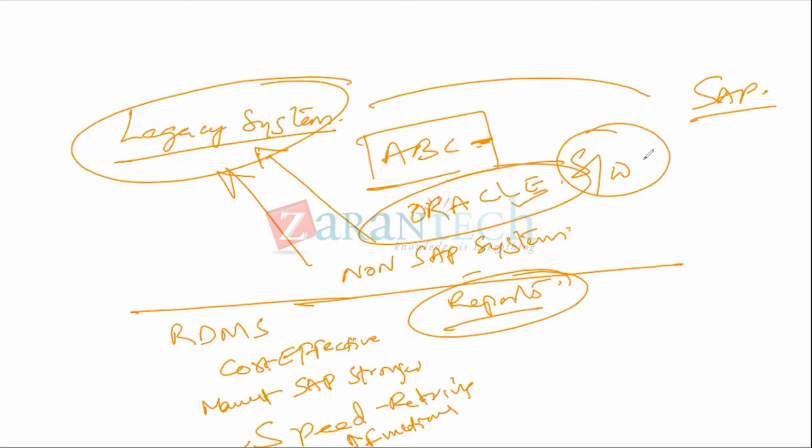Why I'm saying this is, Oracle also has all the models, like a cost effective model or strong integration with applications. But when you pull a report, it is definitely not as speedy as SAP is. Why do we need to think of a report which should come fast?